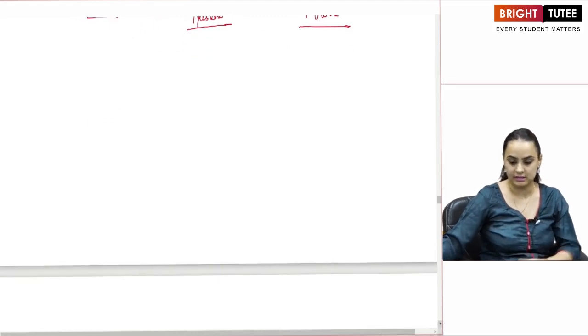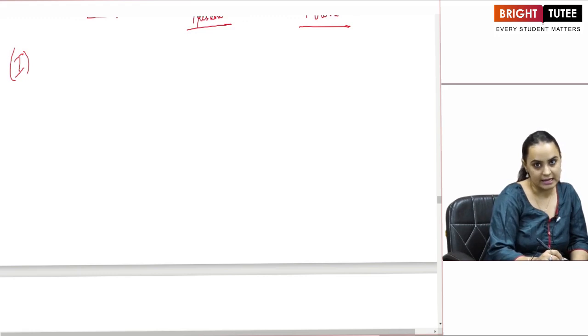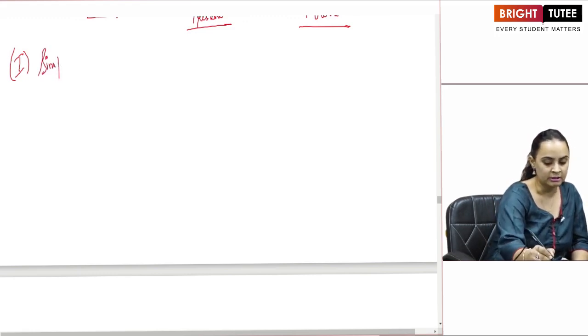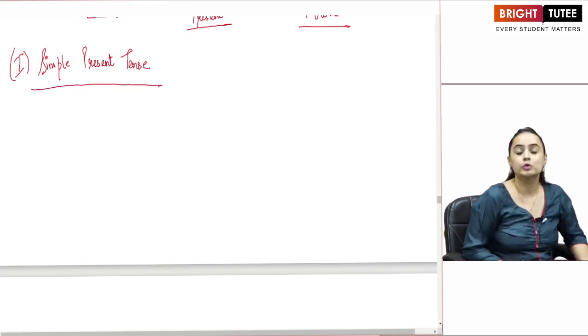Now first, let us begin with the present tense. And for the present tense, the first one that we have is the simple present tense. So simple present tense is the first type of tense.